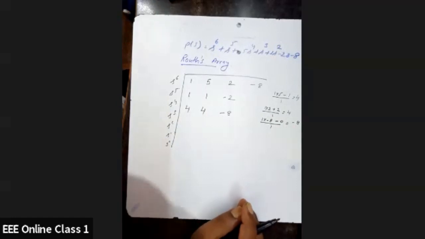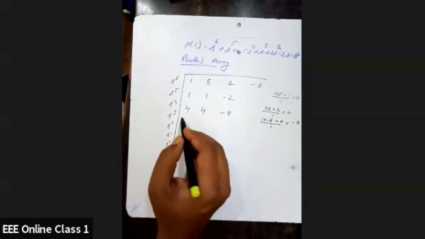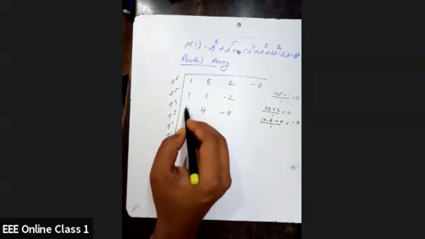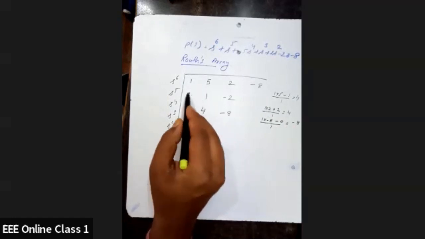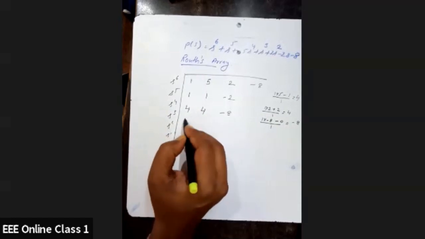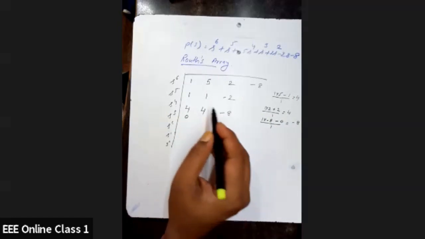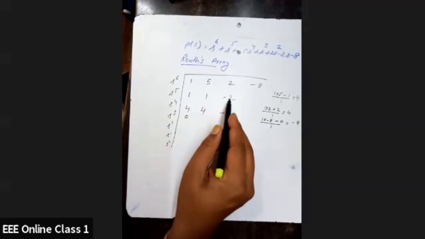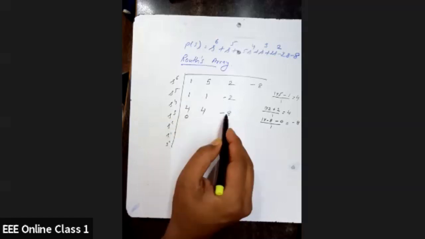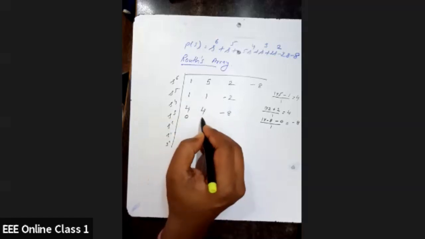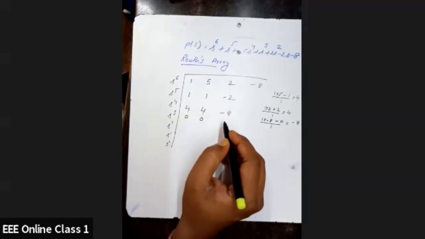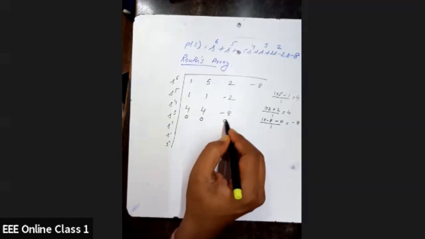Now let us find the S3 row. So 1 into 4 minus 1 into 4, so this will become 0. 4 into 2 minus 8 plus 8, again this will become 0, and this is 0.